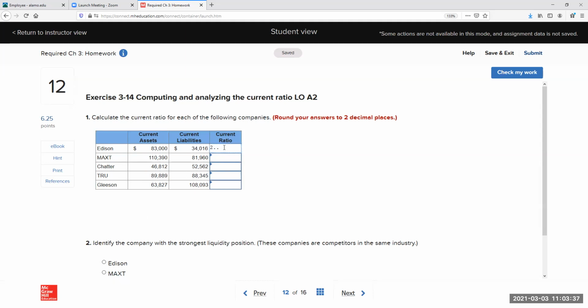So for every dollar of current assets I owe $1. Now you can be short, you can have less. Like Chatter down here owes more short term. And Walmart usually has less. For every dollar they have in current assets, they owe a little bit more. So that's the current ratio. It's liquidity. It's measuring if you can pay your bills in the next year.